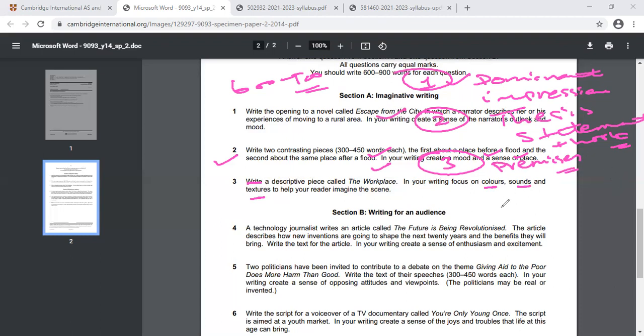Once you're done with this, then you got to come up with some paragraphs related to sounds. And if you have different ideas about sounds, you can break those ideas into different paragraphs. But remember that each paragraph should begin with a topic sentence, right?